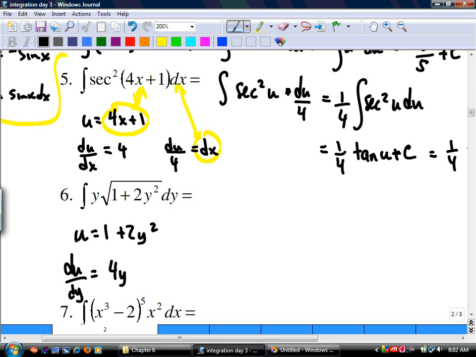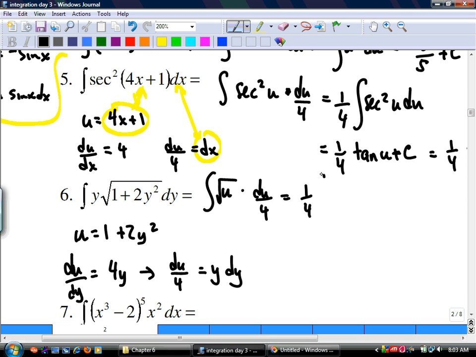I see a y, I don't see a 4. Well, change it around. Make the 4 go over: du over 4 equals y dy. So the square root of u times du over 4 equals, now what?